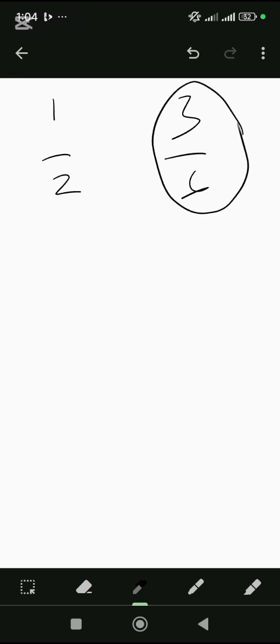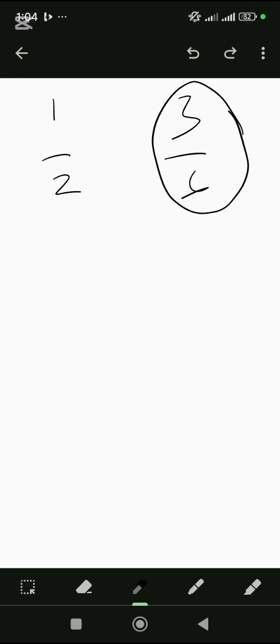Say for example you have this fraction 1/2, okay, and 3/6. You cannot tell which of these fractions is smaller or bigger. And so by looking at it, one will assume that this is bigger than this, but that's not the case.